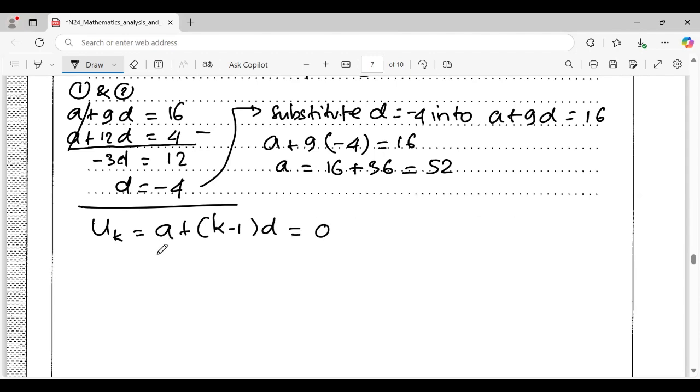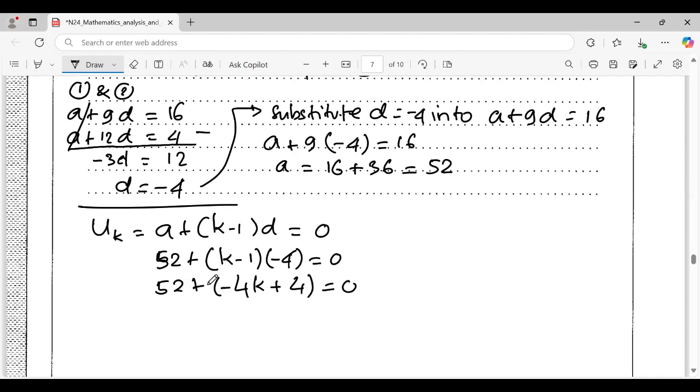A equals 52, so 52 plus k minus 1 times minus 4 equals 0. 52 minus 4k plus 4 equals 0. 52 plus 4 is 56, minus 4k equals 0, or 4k equals 56.